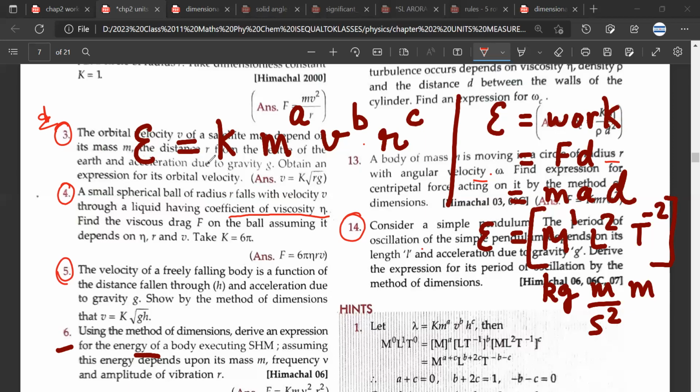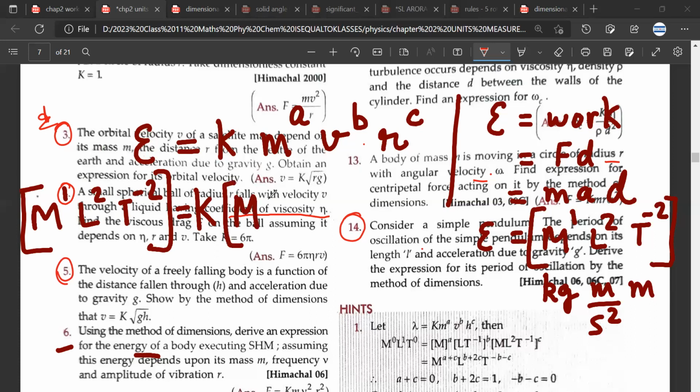So my energy in terms of MLT would be equal to K. This is my mass, so this would be M L T, this would be 0, this would be 0, whole power a, into this is frequency.